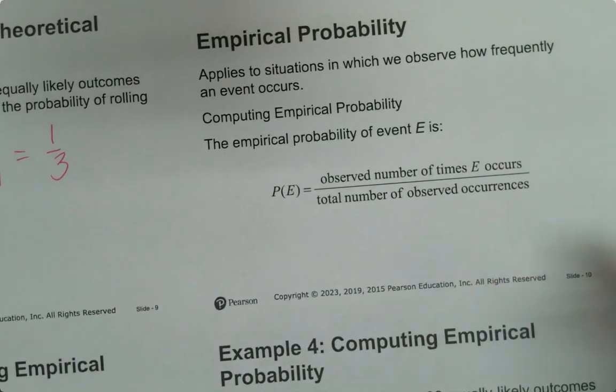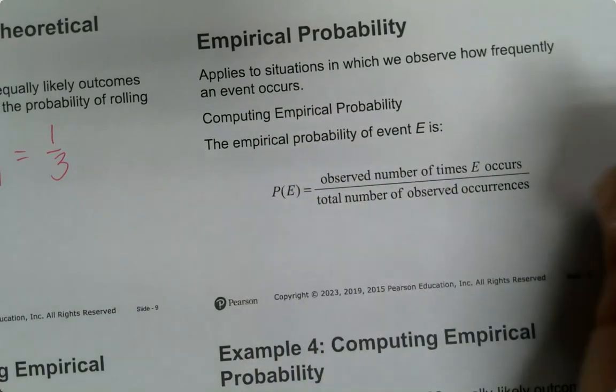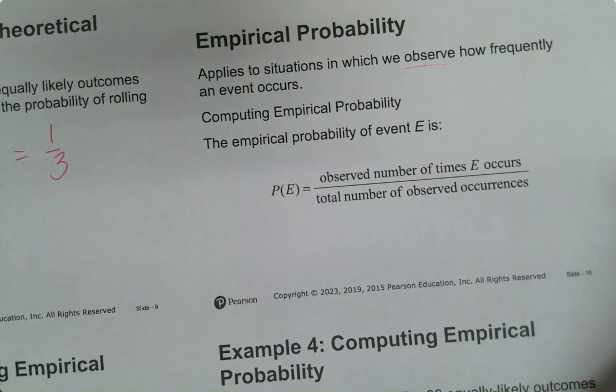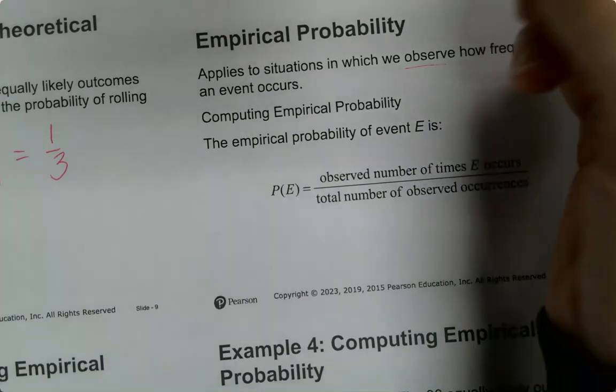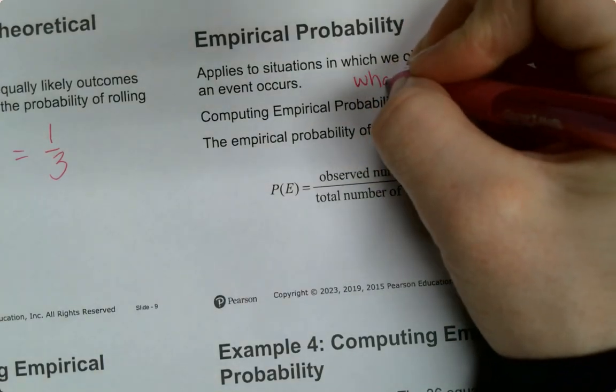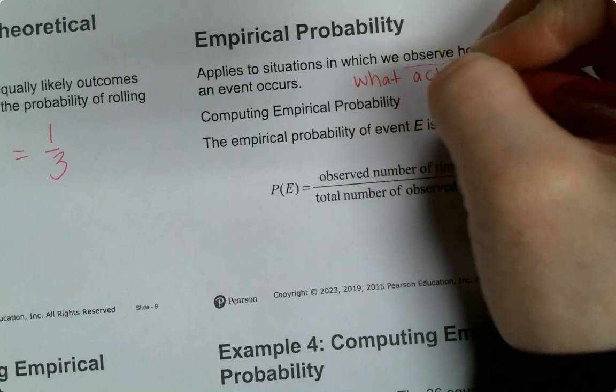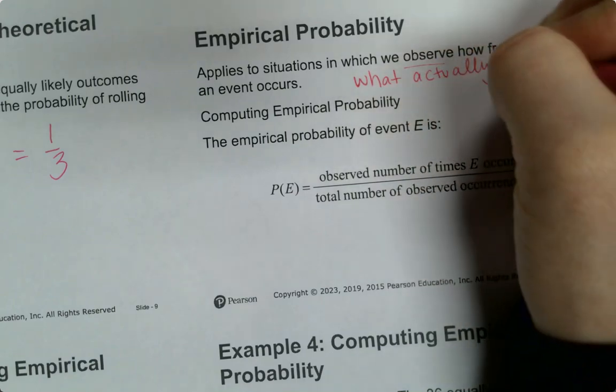The empirical probability applies to situations in which we observe how frequently an event occurs. So this is what actually happens when you conduct an experiment.